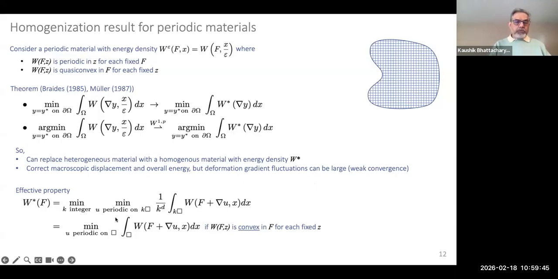So what this formula is telling you is that not only do you have to take this over the original unit cell, but all possible unit cells. So you have to define multiple effective properties, and you have to take the one which is the smallest amongst all of them.